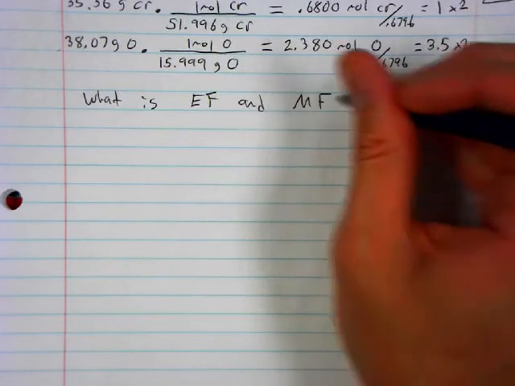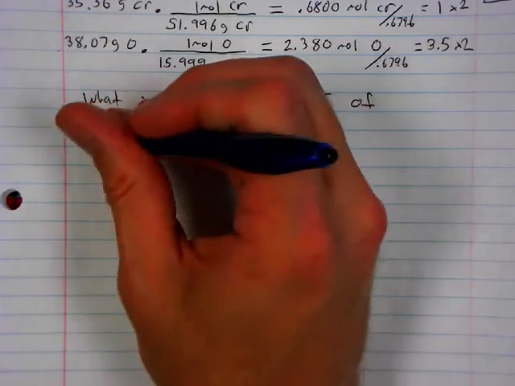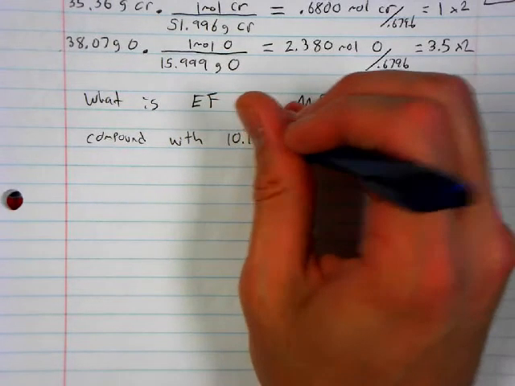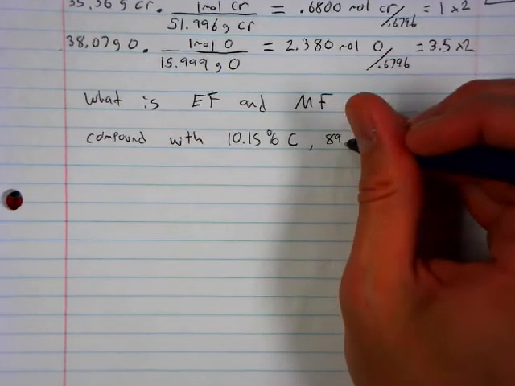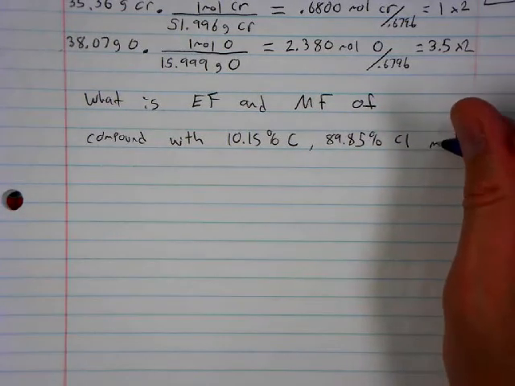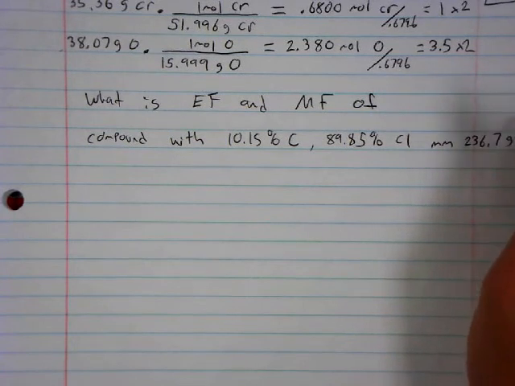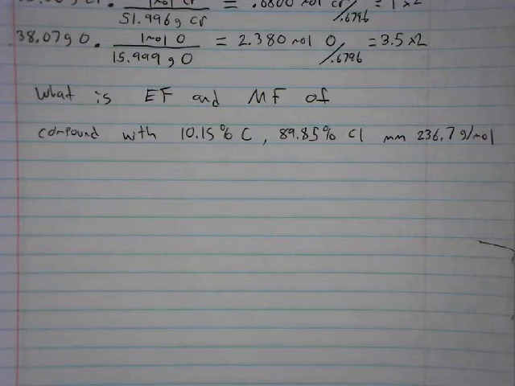So let's do another one. What is the empirical formula and molecular formula, the MF, of a compound with 10.15% carbon, and let's just do 2, 89.85% chlorine with a molar mass of 236.7 grams per mole?